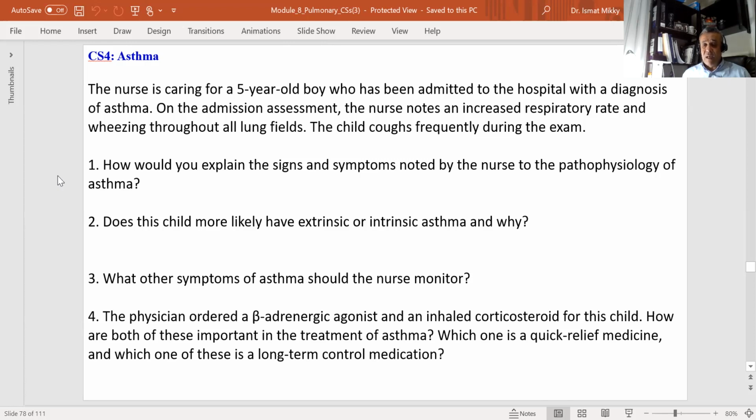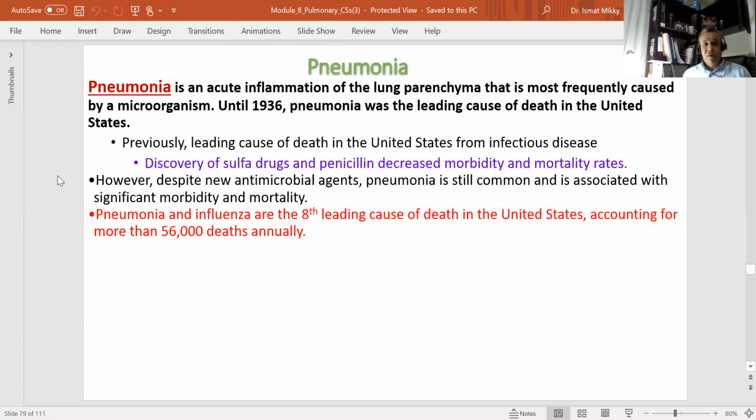That is the long-term control medication called inhaled corticosteroid. You will cover all of these in the medications and pharmacology course.